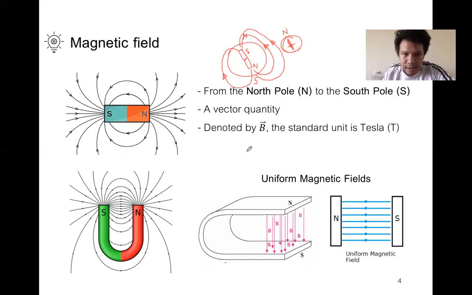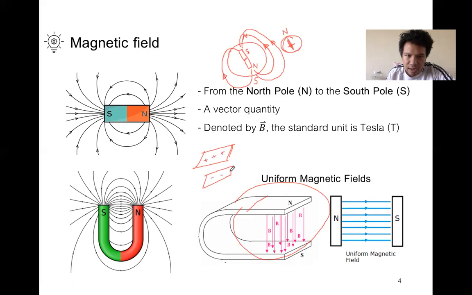And then we can also generate a uniform magnetic field if we design the shape of the magnet to be in this fashion, like a plane. Just like what we did to generate electric field: if I have a positive charge and a negative charge on a pair of plates, it can generate a uniform or constant electric field.